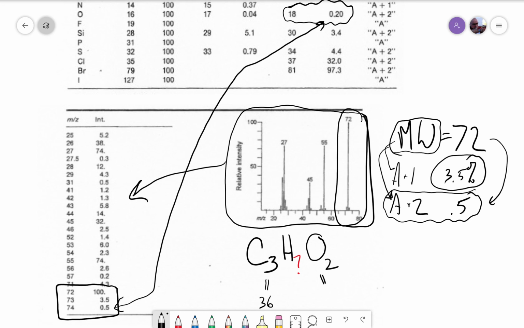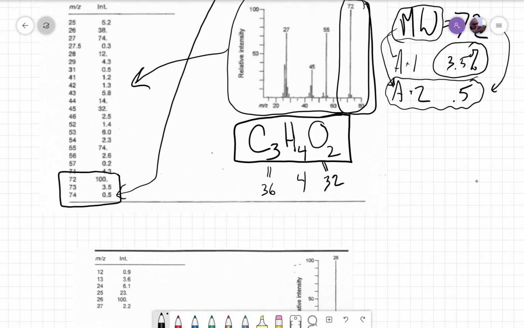This means that these isotopic distributions are consistent with something that might have 2 oxygens. From this mass intensity, we can guess that we have 3 carbons, 2 oxygens. That would be 36 and 32 of the weights. We'd have to add up 4 more to make our 72. We can deduce that the empirical formula of this compound, given this isotopic distribution, is C3H4O2.